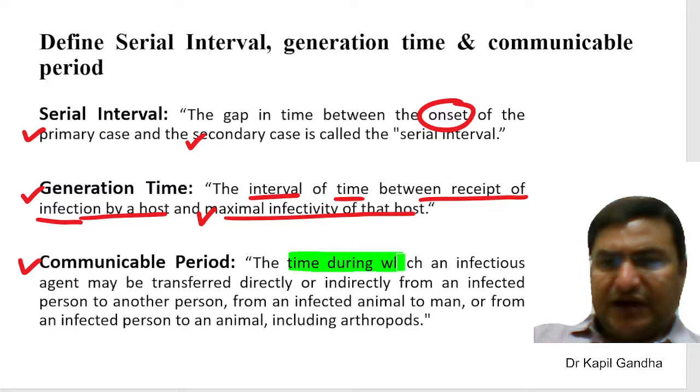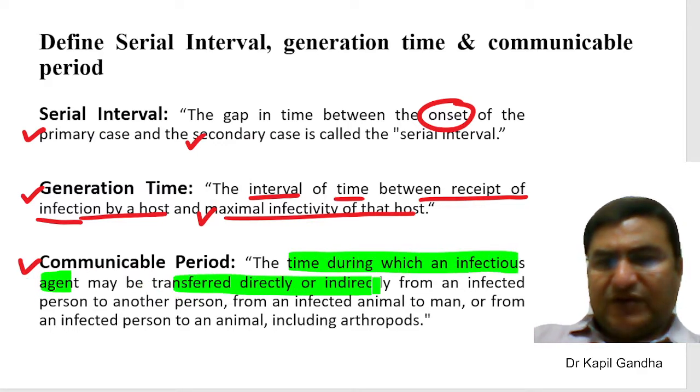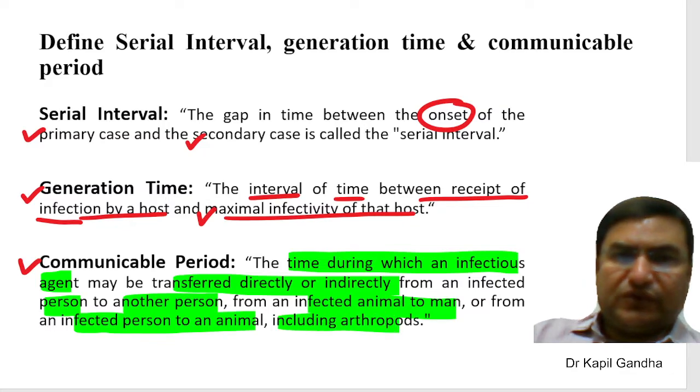It is the time during which an infectious agent is transferred directly or indirectly from an infected person to another person, from an infected animal to man, or from an infected person to an animal, including arthropods.